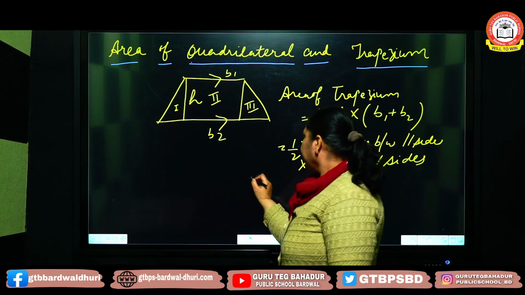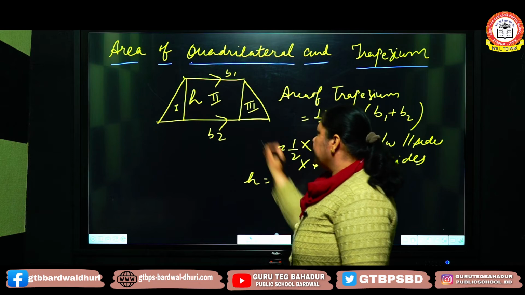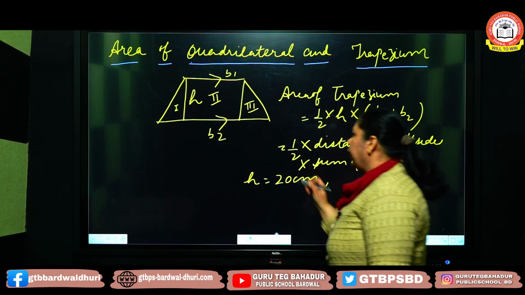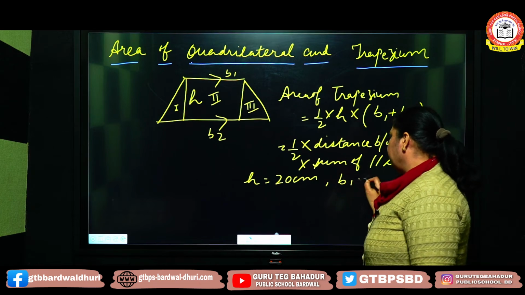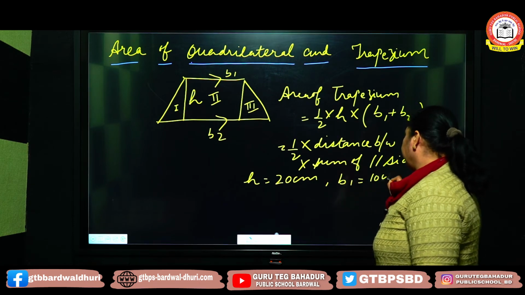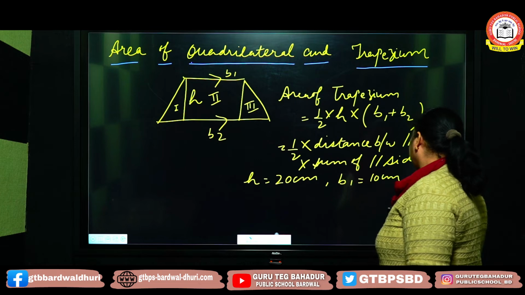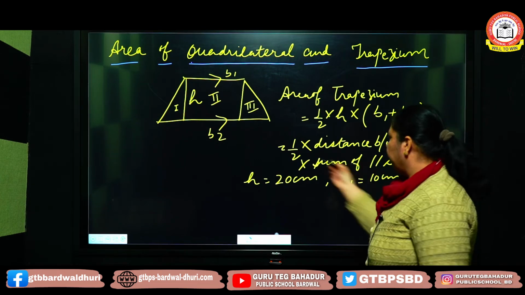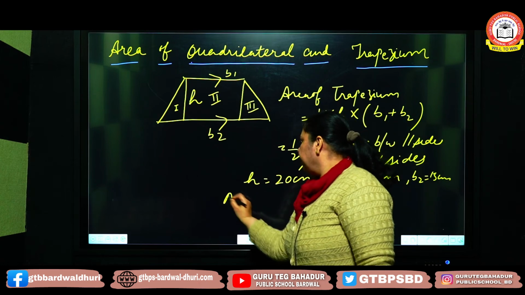Let the height of this trapezium be 20 centimeter and the bases be B1 10 centimeter and B2 15 centimeter. So what will be the area? Substitute the values here.